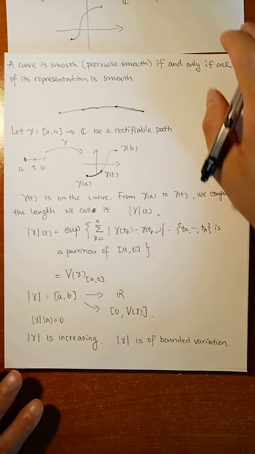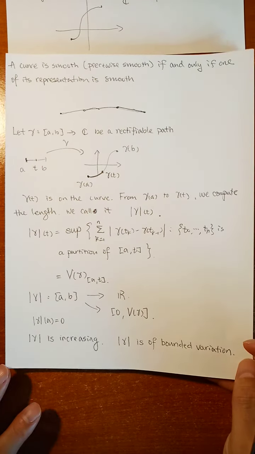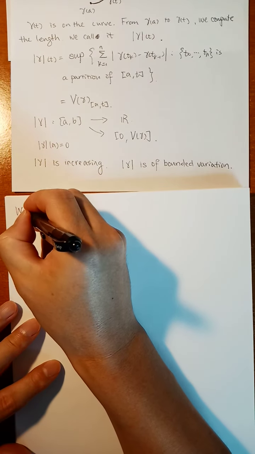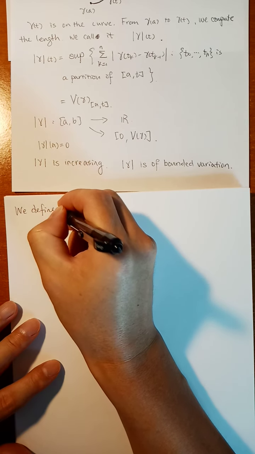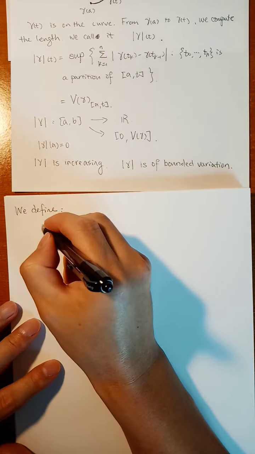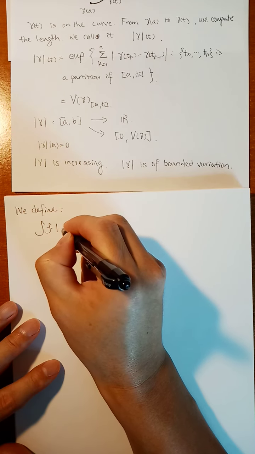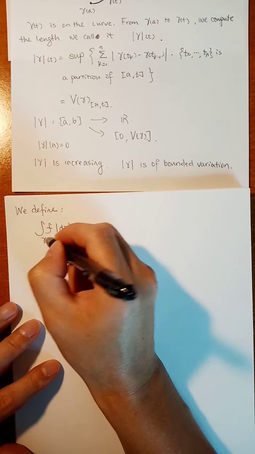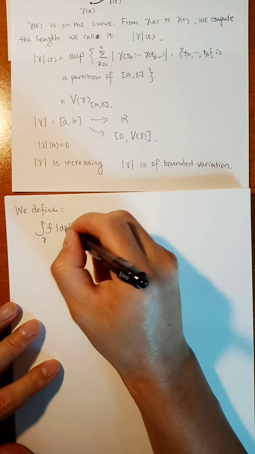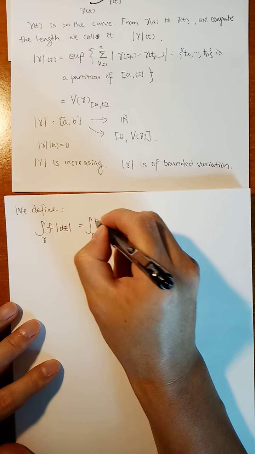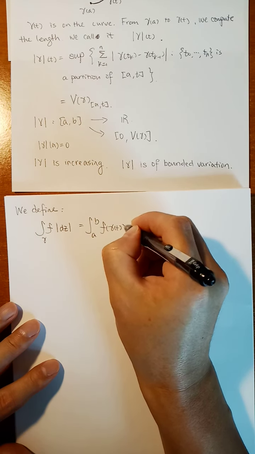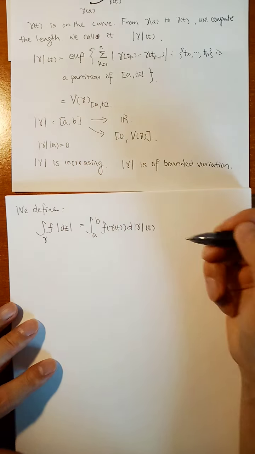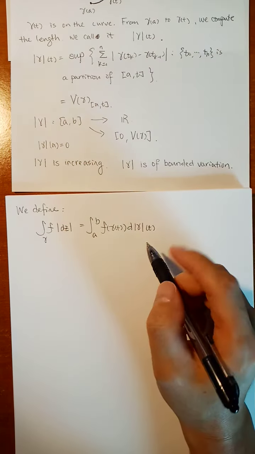Okay, so once you have a bounded variation function, we can define the integral of f along the absolute value of dz along gamma. By definition, it is the integral from a to b of f of gamma of t d absolute value of gamma of t. This is a new definition.